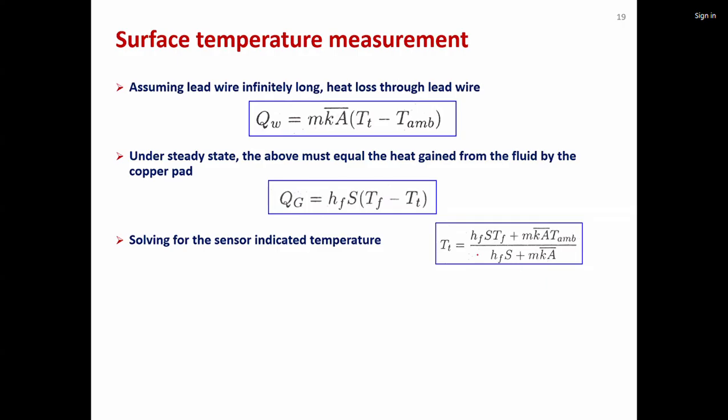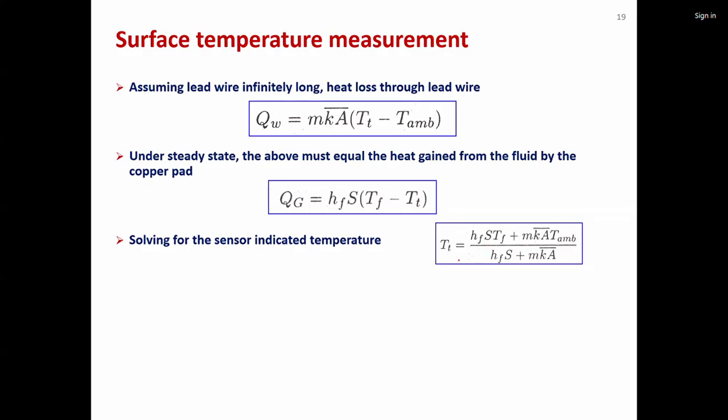So here, the temperature of the tip is the convection heat transfer coefficient HF times the surface area of the heat spreader, times the temperature of the fluid. These are the fluidic parameters. Then plus the fin parameter or thermocouple parameter, M times Ka bar into T ambient, divided by HF S plus M Ka bar.